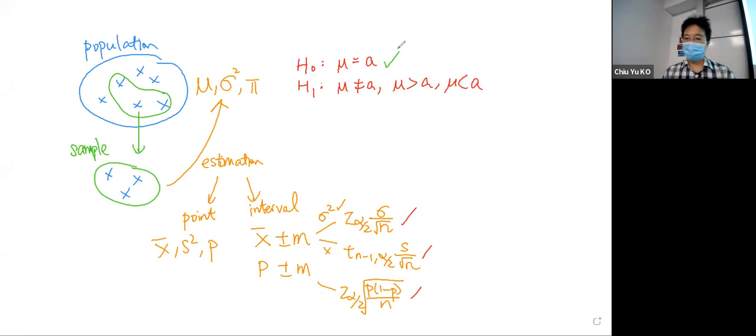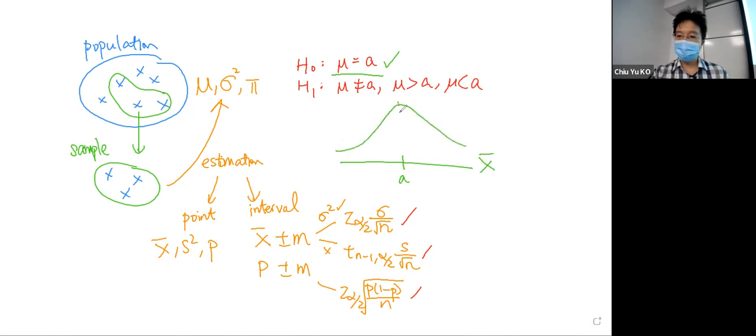In other words, under this hypothesis, if it is true, the distribution will be centered on A. We would say your data does not support the null hypothesis mu equal to A if the data you found is far away, either here or here. This constitutes counter evidence for the null hypothesis.